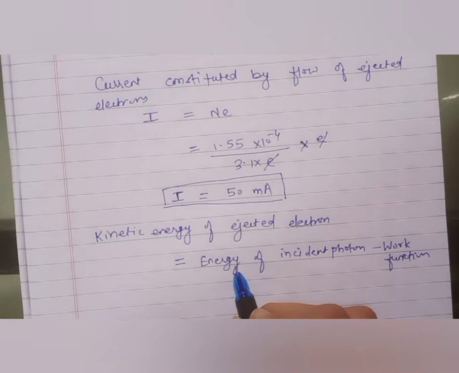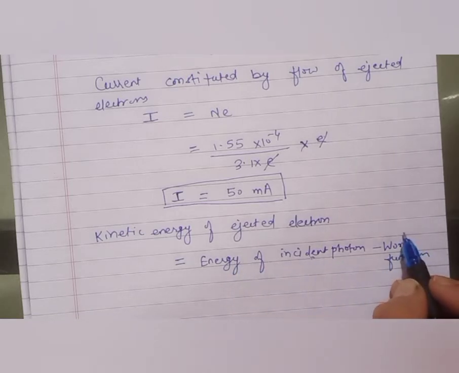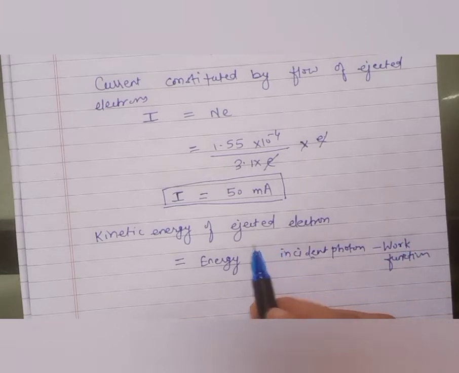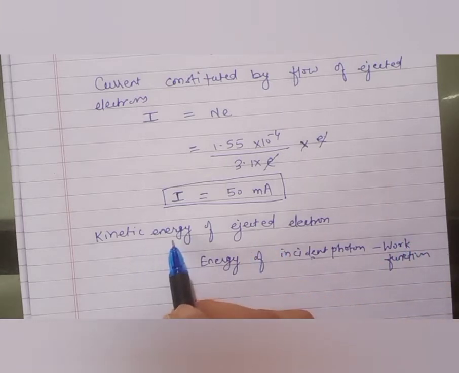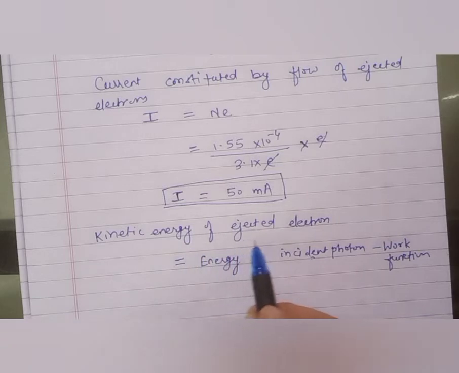So when a photon is incident, some energy is utilized to eject the electron out, which is called work function, and the rest of the energy is used by the electron as its kinetic energy. Okay, so this kind of formula you must have studied when you studied the photoelectric effect.